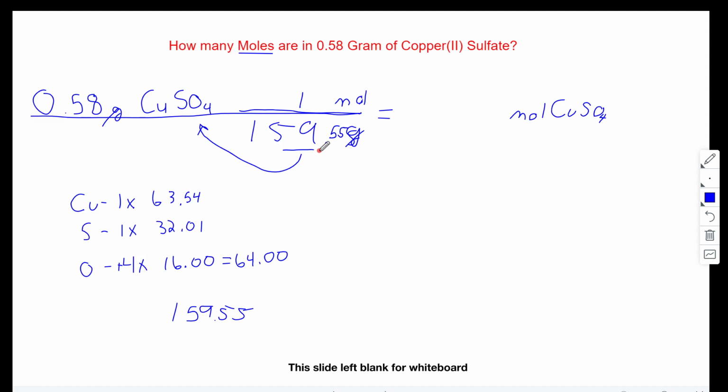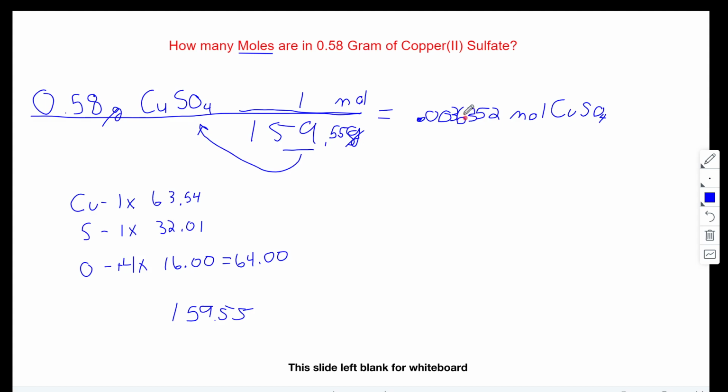Okay? And I get a relatively small number. So I should get 0.00365 moles of copper sulfate.